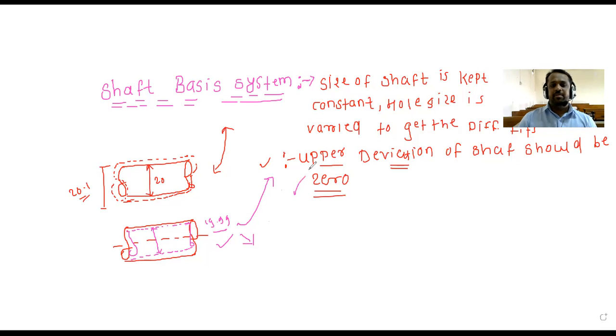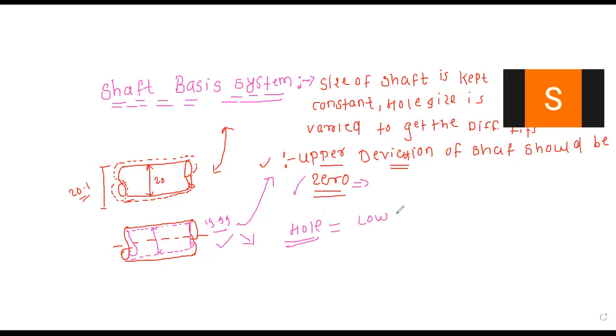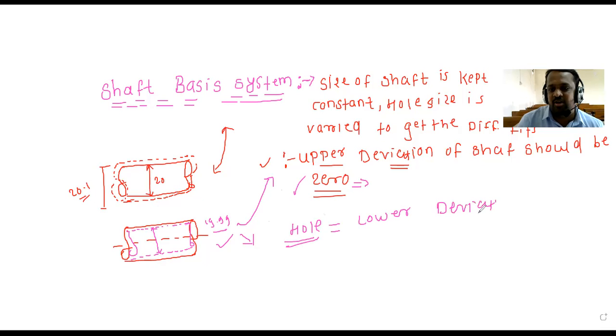In the shaft basis system, the upper deviation should be 0, and in the hole basis system, the lower deviation should be 0. That is an important point you have to remember.